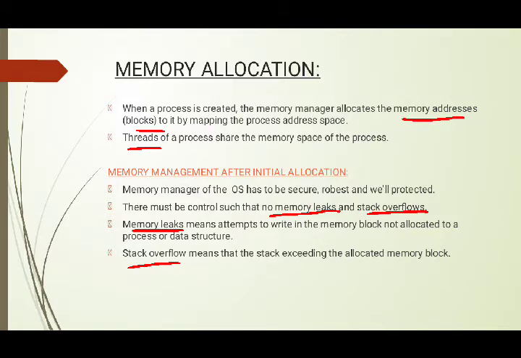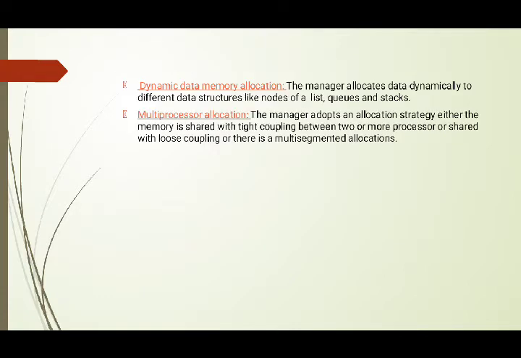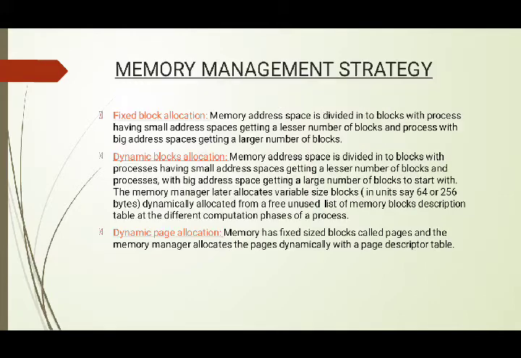Now let us look at the memory management strategies. There are many memory management strategies like fixed block allocation, dynamic block allocation, dynamic page allocation, dynamic data memory allocation, multiprocessor allocation and a few more. Let's have a detailed look. What is meant by memory block allocation?